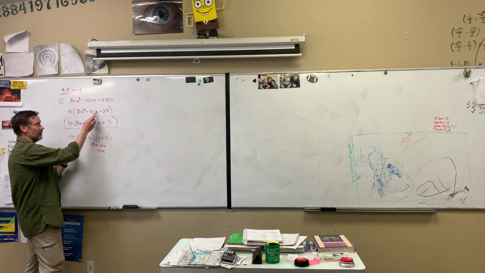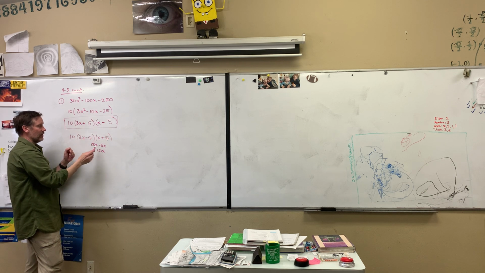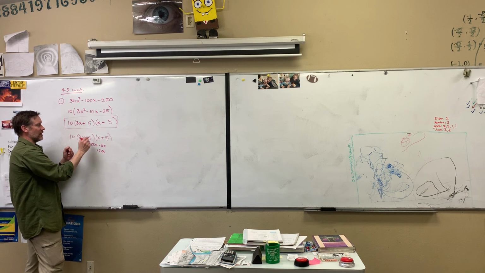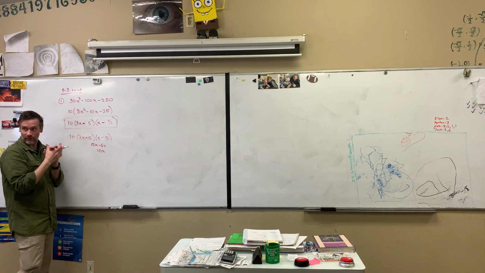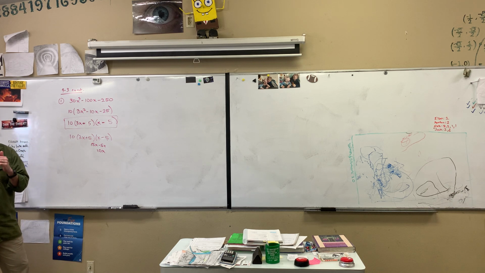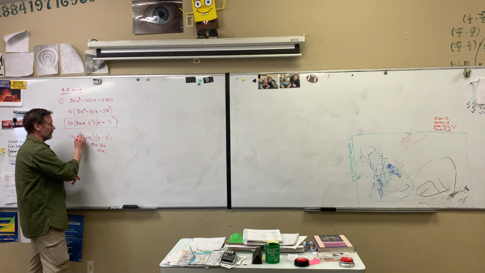What am I looking for? Negative 10x. So positive 10x. Oh, correct number, wrong sign. Just change the signs like that, and then you're set. That's why I'm not too worried about the signage initially, because you'll still get the same number.